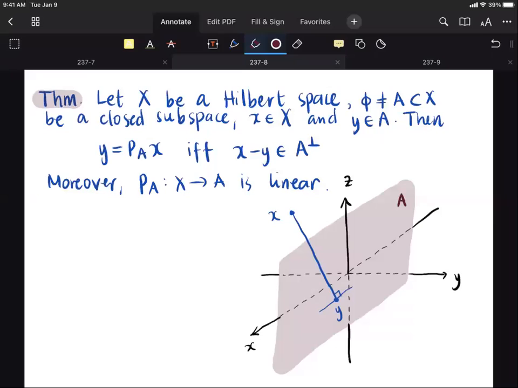So now let us add an additional condition on the subset. Namely, instead of convexity, we have a subspace.